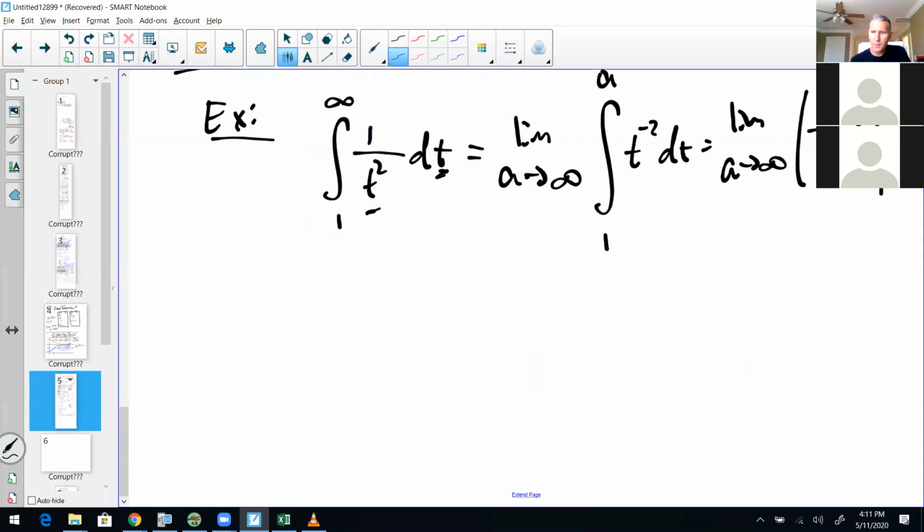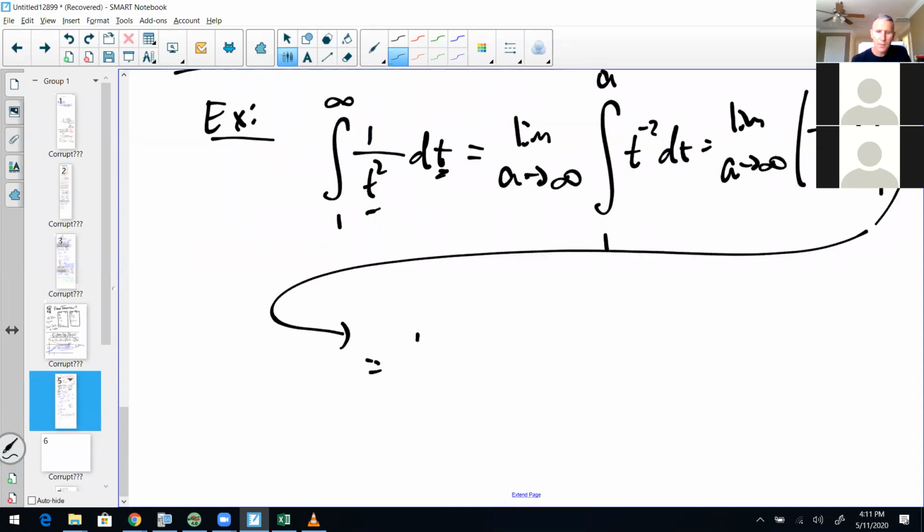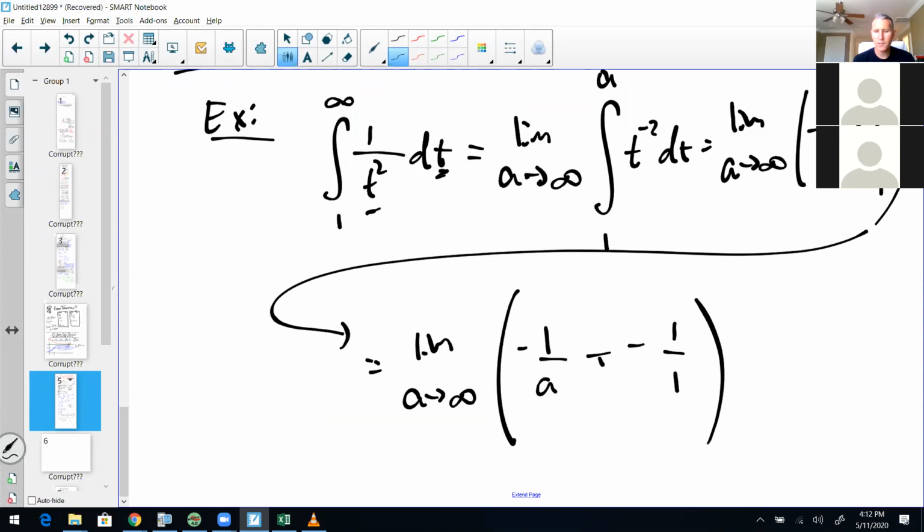So this ends up being the limit as a approaches infinity of negative 1 over a minus negative 1 over 1. Well, that's plus a positive, right? So now when I plug in that limit as a approaches infinity, this goes to 0, and so this whole thing just goes to 1.